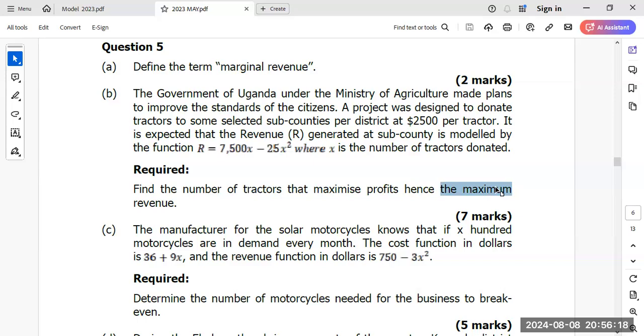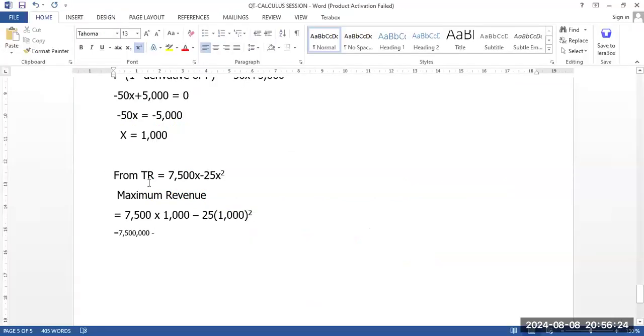Oh, they are telling us that hence we determine maximum revenue.